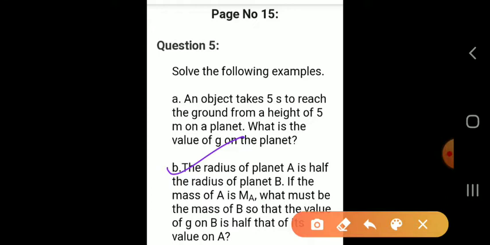What must be the mass of B so that the value of g on planet B is half that of its value on A? So let us see the calculation of this numerical.